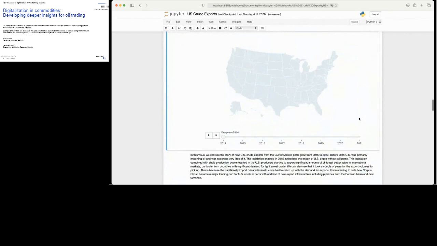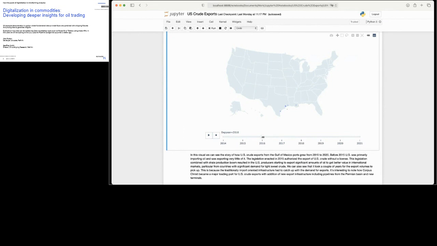In this visual, again produced from the trade flows data, we can see the story of how US crude exports from the Gulf of Mexico ports grew from 2015 to 2020. Before 2015, the US was barely exporting any oil. At the end of 2015, legislation was enacted that authorized the export of US crude without a license.